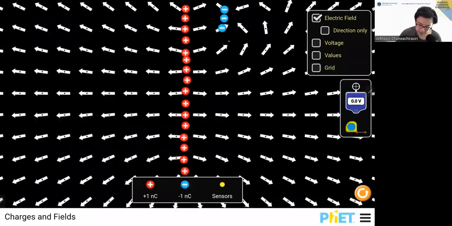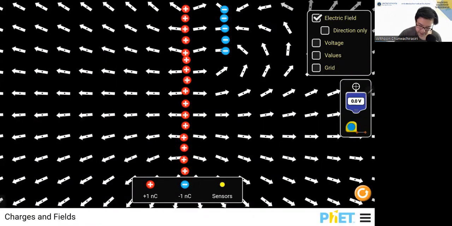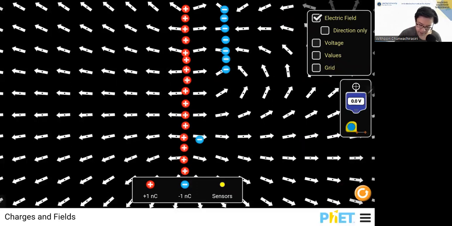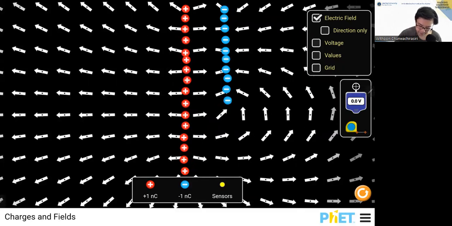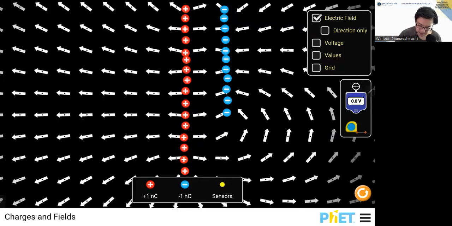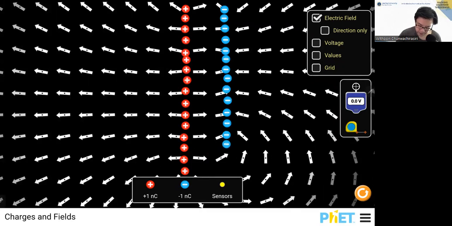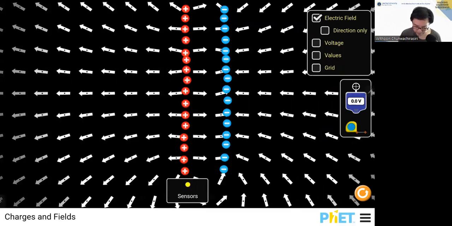I'm going to try to put them in a very uniform manner and have the same amount relative to the positive charge on the left. Playing this is kind of fun. You start to see the construction of the electric field around. See that? Oh, that's the maximum charge that I can put on. All right, very cool. So this is what is happening here.